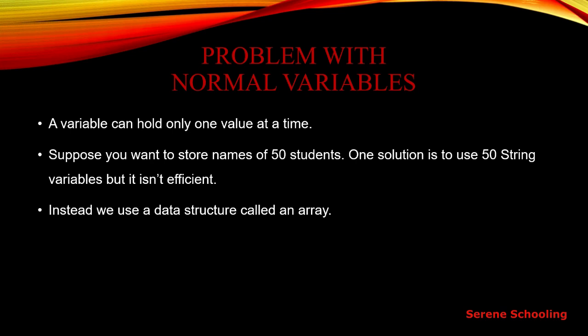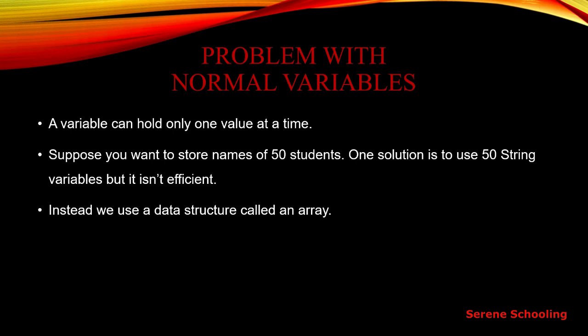So far we have learned about basic variables that are used to store data. For example, you can store a number in an integer, or if you want to store two or three different numbers, you have to create two or three different variables. For now, our limitation is that a variable can hold only one value at a time.